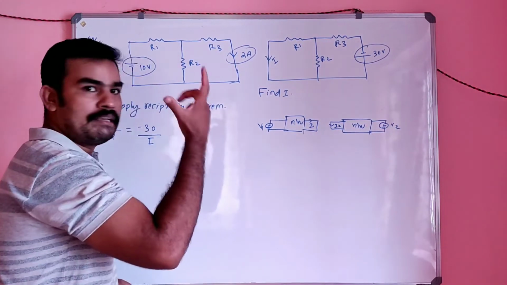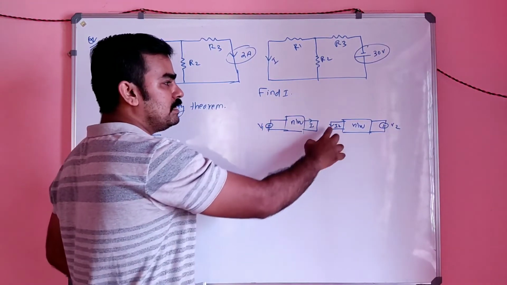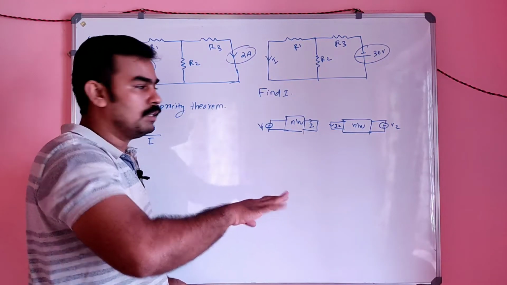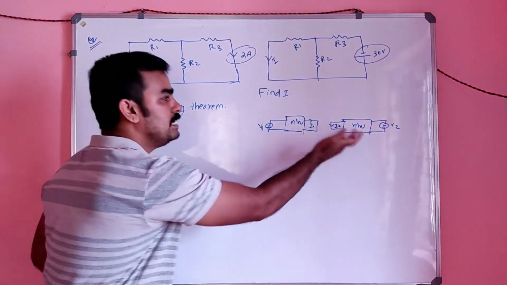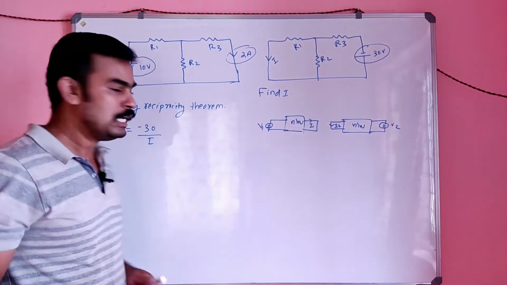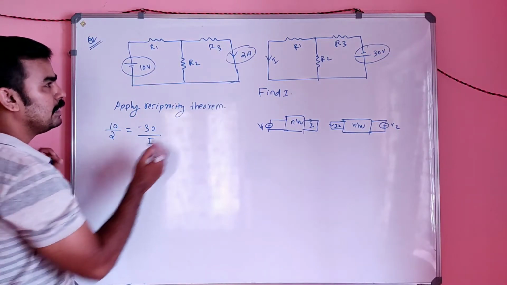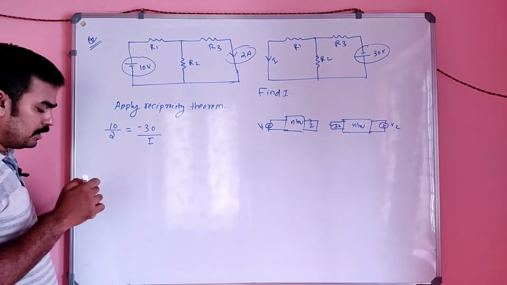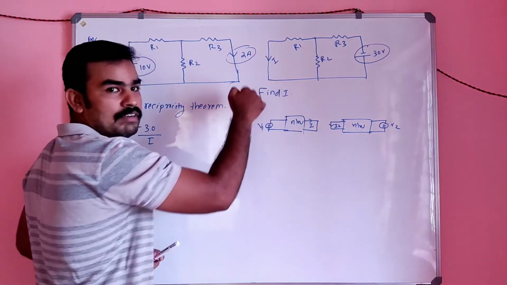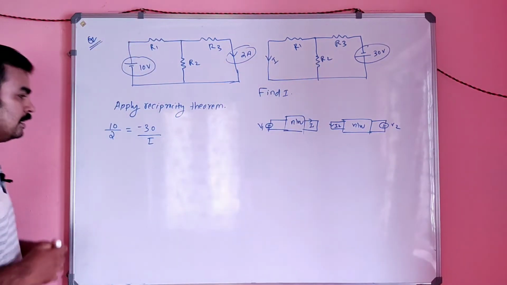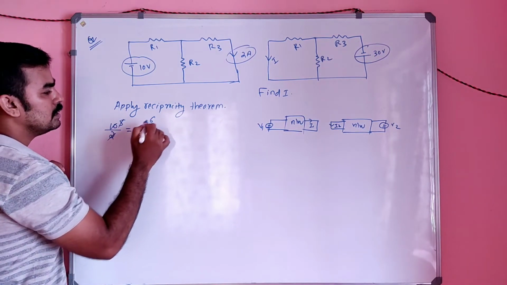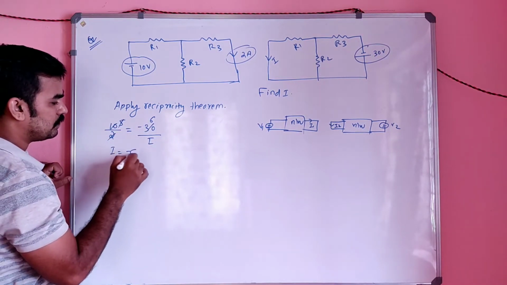So anything which changes with this circuit, if the current direction is opposite to this direction or the voltage is opposite to that of the circuit direction, you have to add a minus there. So it is minus 30 divided by I. There is no change in that, because in this circuit the I is flowing in the downward direction. So there is no change in that. So what will be I now? It will be 6. So I will be minus 6 ampere.